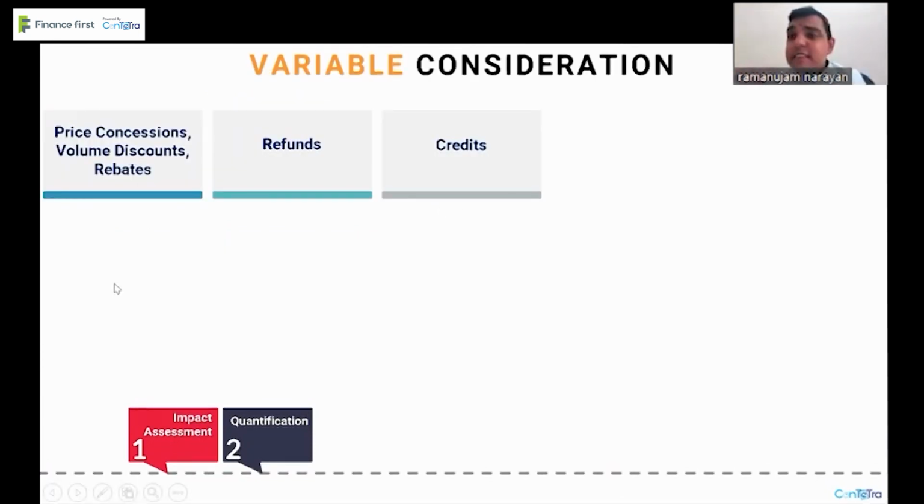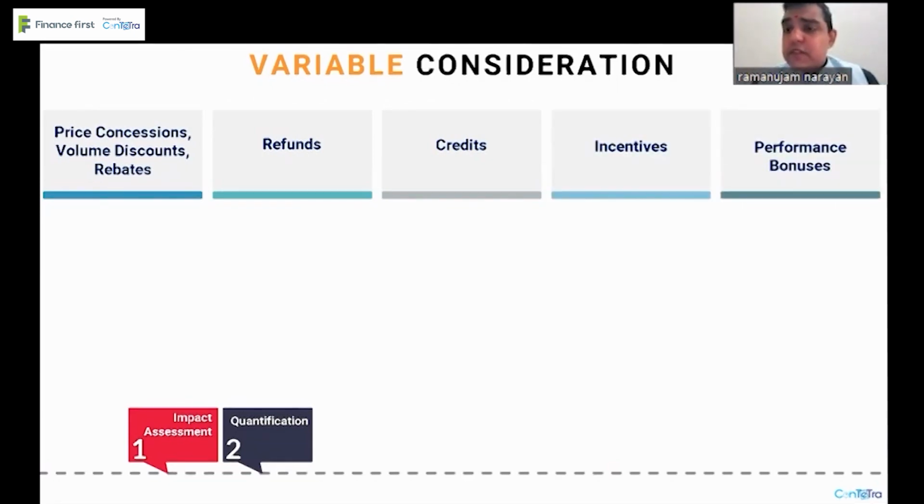So these are the ways in which variable consideration gets changed: price concession, volume discount, rebates, refunds, credits, incentives, performance bonuses. These are the givebacks that are given to the customers. It is like the best information available with us. Absolutely, Jitendra. There are two approaches: one is expected value, the second is the most likely amount.